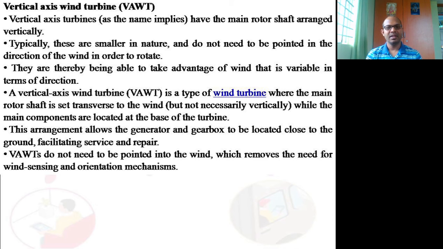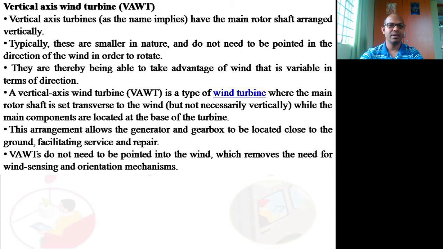Later designs addressed the torque ripple issue by sweeping the blades helically, like this, but that leads to some failure of the material. So compared to small horizontal axis wind turbines, it is always difficult to maintain the design, and failure of the turbine blades tends to occur more often.